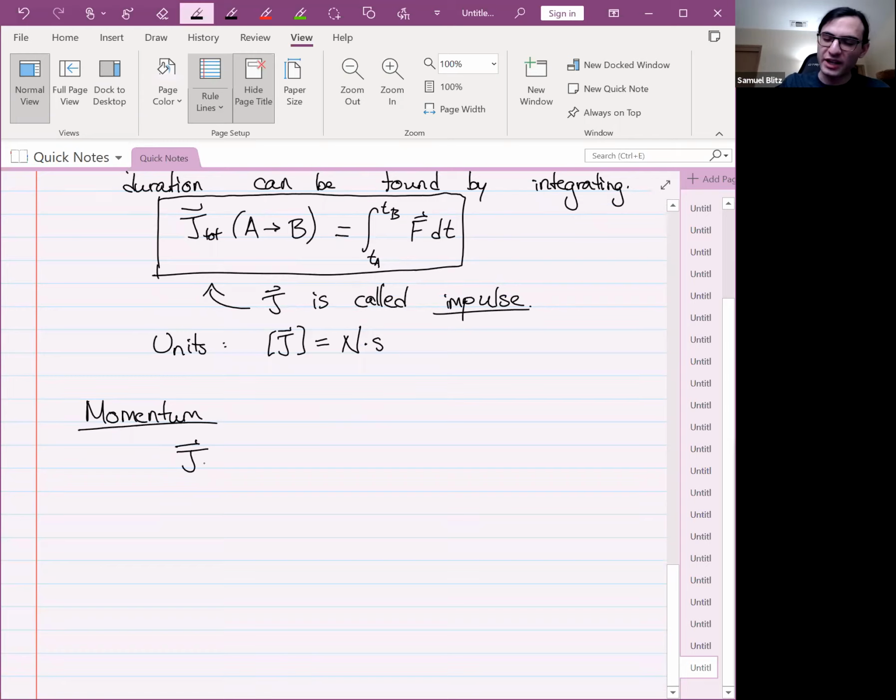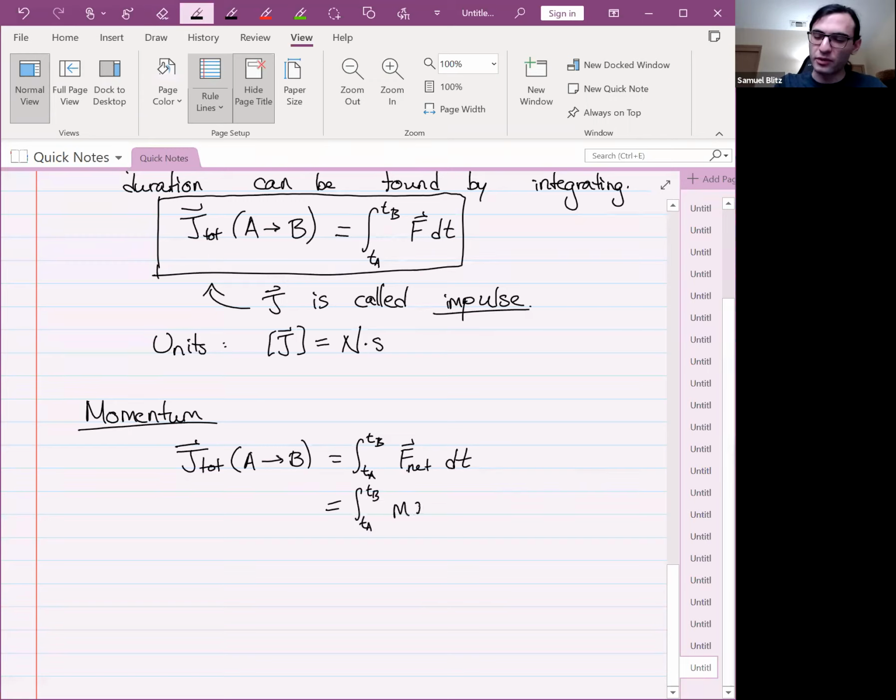So we're just going to back up a little bit. The total impulse gained by an object from time A to time B is the integral from tA to tB. Now this is the total impulse, so this would be the net force times dt. But we know from Newton's second law that the net force is just the mass times the acceleration of the object.